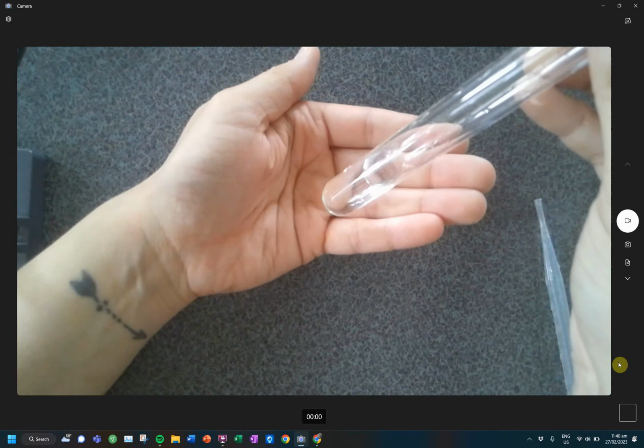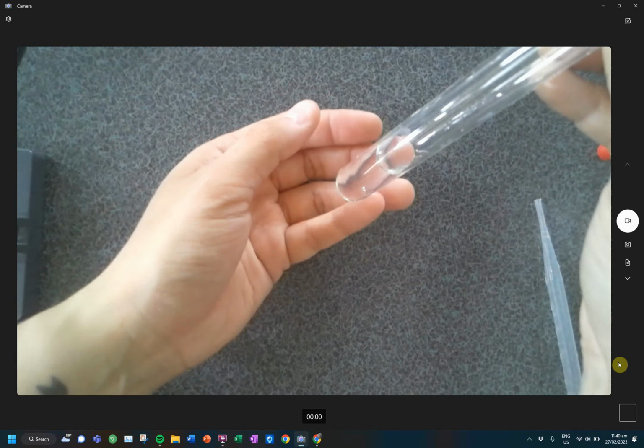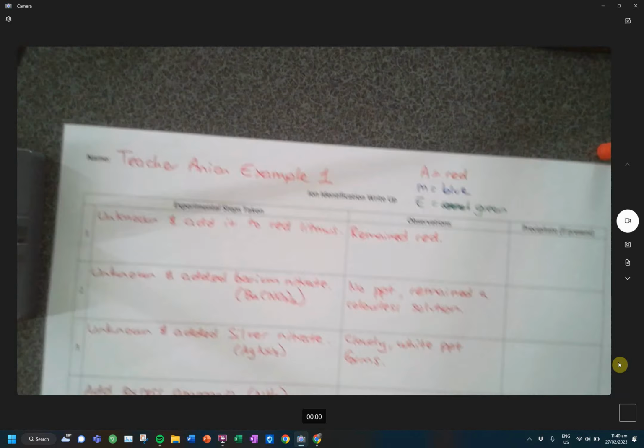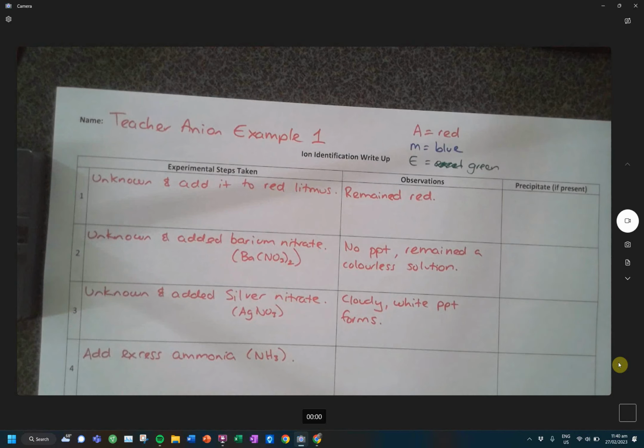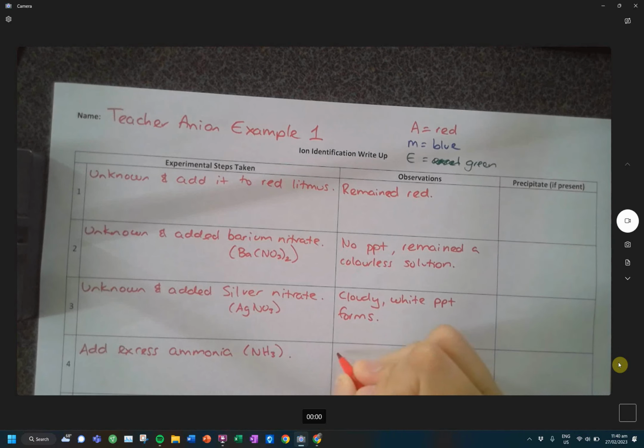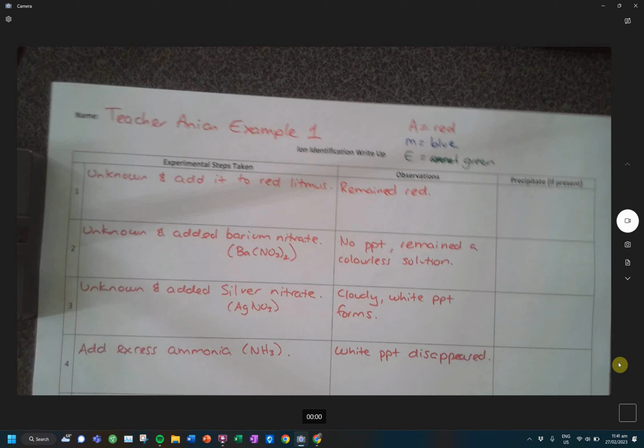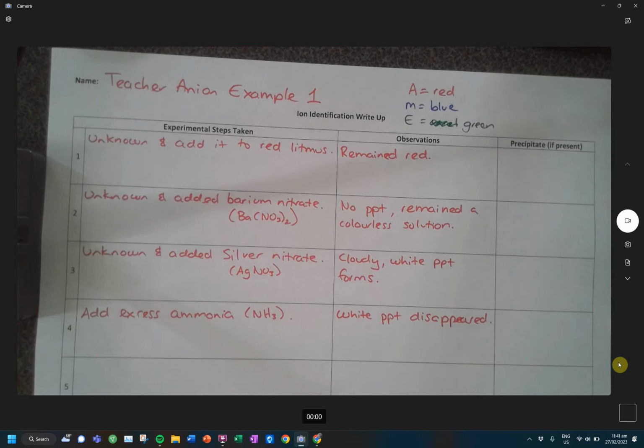And we see how by doing that, I've been able to confirm it is disappearing. Do we need to see it again? We're good. Okay. So, when I added that excess ammonia, I realized that my white precipitate disappeared. And that's my final observation.